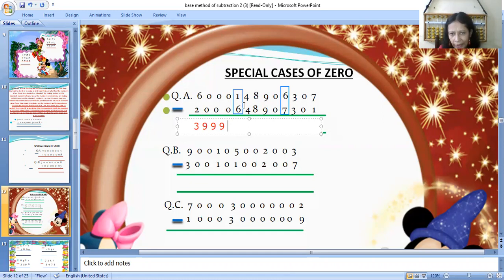Can you see the number is bigger or smaller? No, the numbers are not bigger and not smaller. This is neither bigger nor smaller. Here also this is neither bigger nor smaller. In the next case also, the number is neither bigger nor smaller.